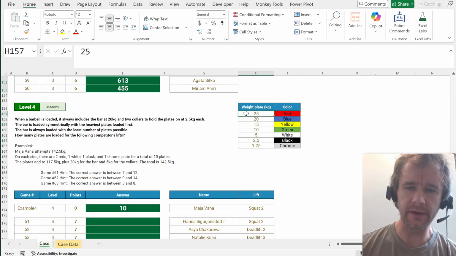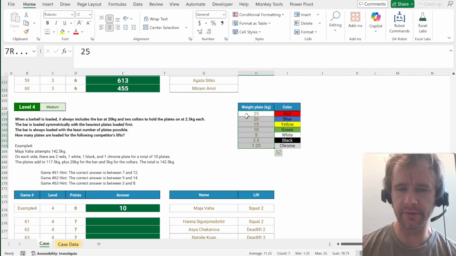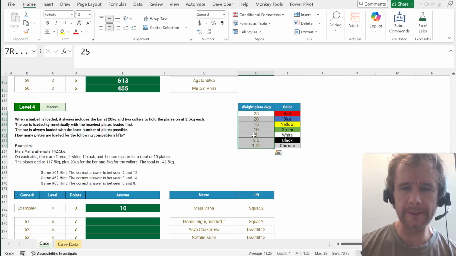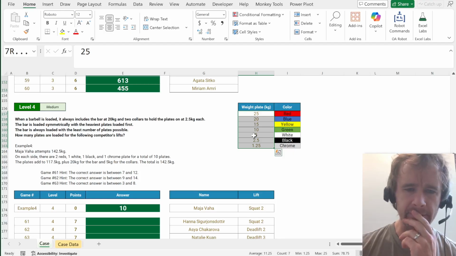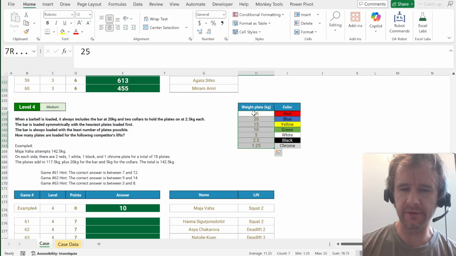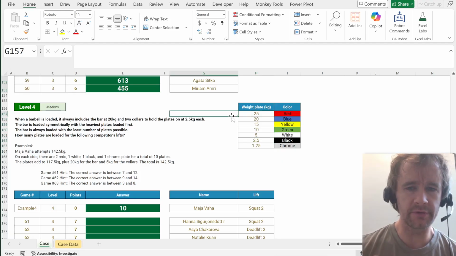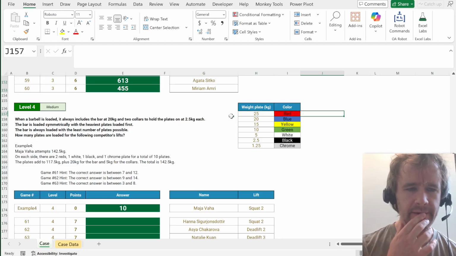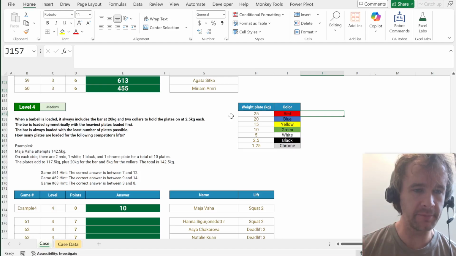And then Hadyn mentioned later that actually, because of the way the weights go, the greedy algorithm always works. So if you just take as many reds as you can, and then as many blues as you can, and then as many yellows as you can, and greens, and so on down, then that just works. So I'm going to do it that way, but I will, if I remember and if I have time, do an aside on that later.